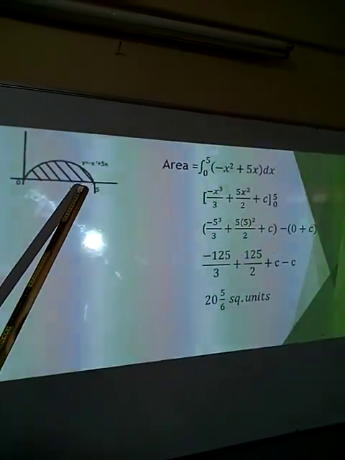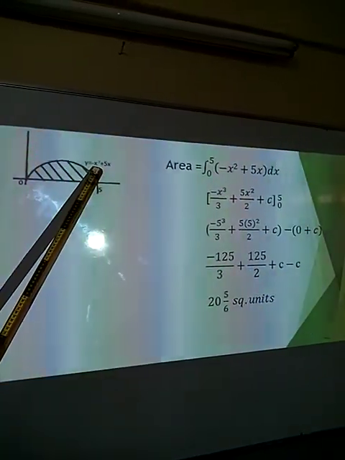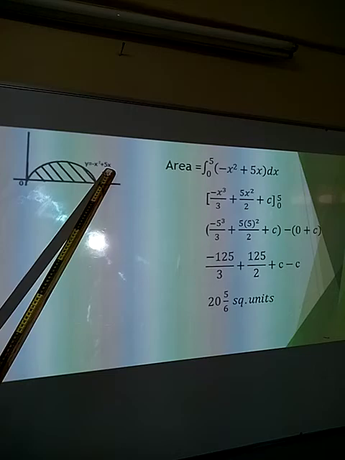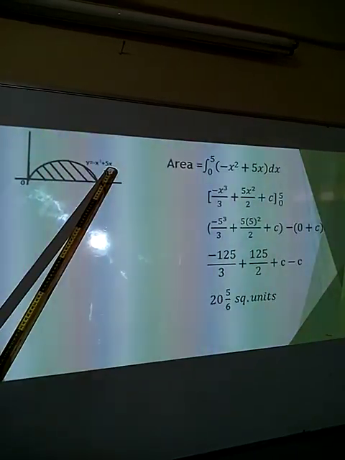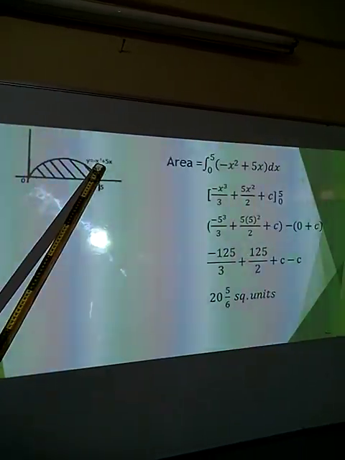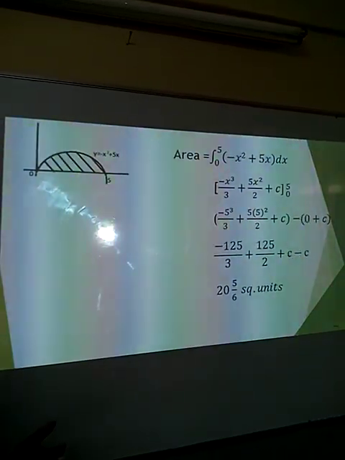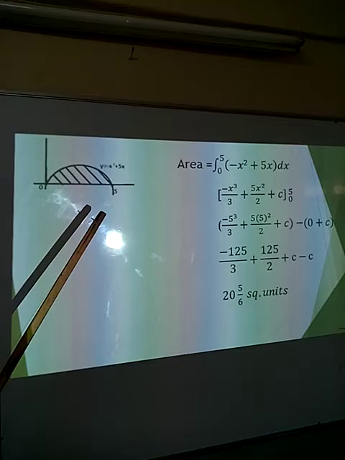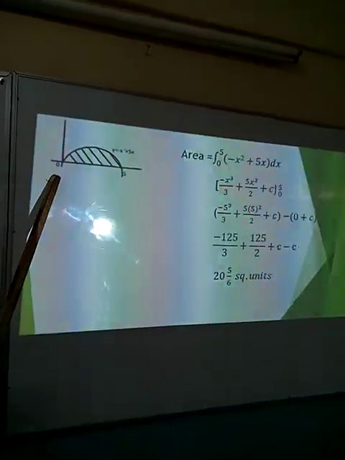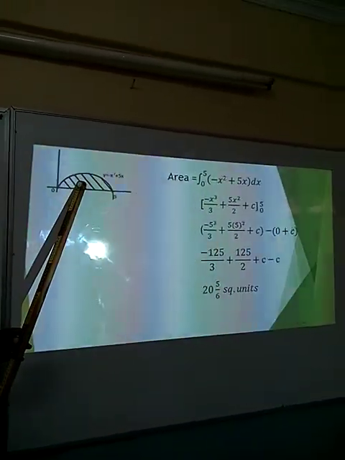It is a curve of the function y is equal to negative x squared plus 5x, which is a quadratic function. When you look at the way it is drawn, it is requiring us to get the shaded area.